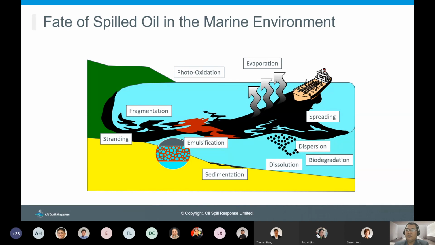So these are the things that could possibly happen to the oil once it's spilled into the environment. But again, it depends on the oil that has spilled. Maybe not all of this will happen. It depends on the type of oil.